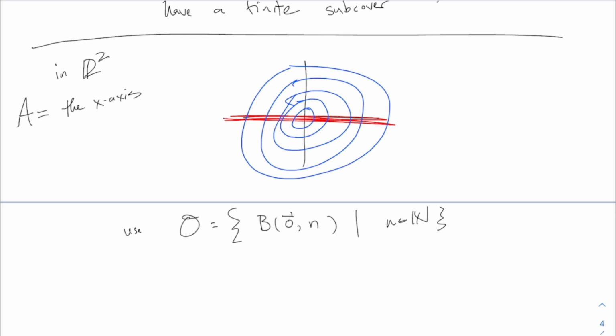And they do cover the entire x-axis, because any point of the x-axis eventually lies within one of these balls. There's infinitely many of them, of course. And then, is there a finite subcover? The answer is no. If you only take finitely many of these, they're not going to cover the entire x-axis anymore.